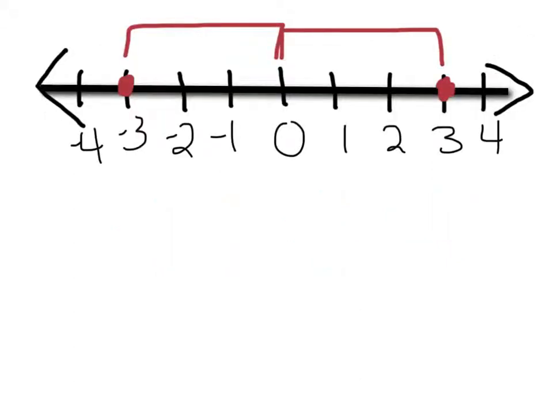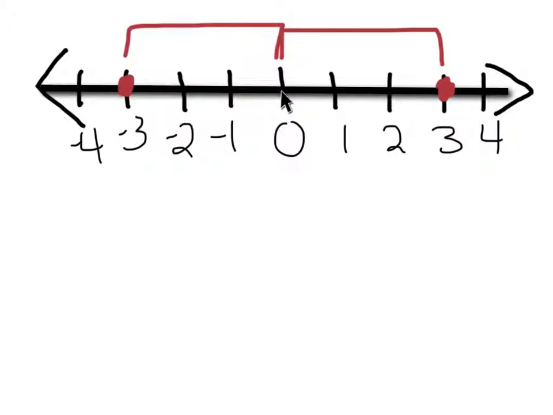Now on to absolute value. Absolute value simply means the distance a number is away from 0. So that means that your absolute value will always end up positive, because numbers can't be a negative distance away from 0. So let's look at this number line. +3 is 1, 2, 3 units away from 0.